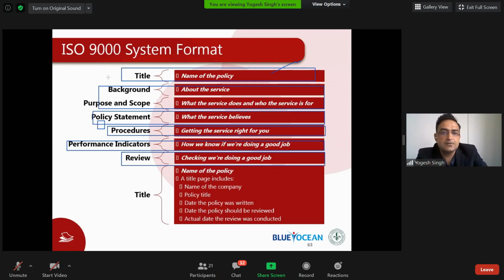So these are the 1, 2, 3, 4, 5, 6 essential parts of ISO format.